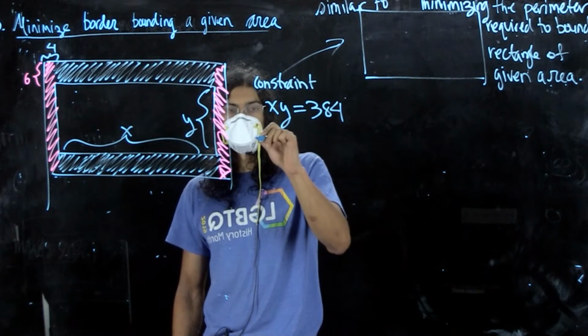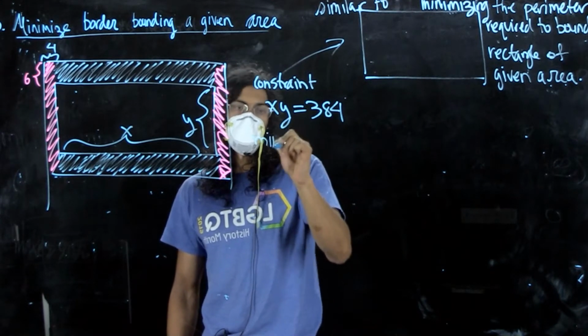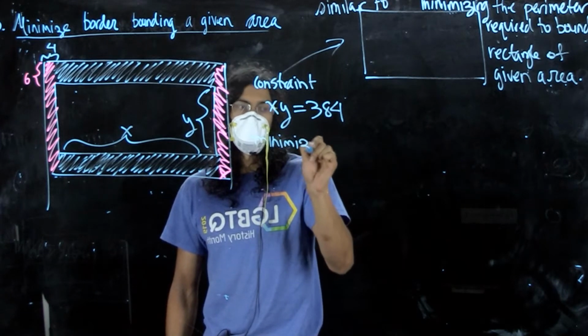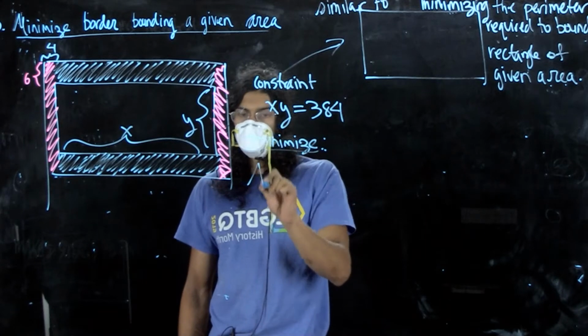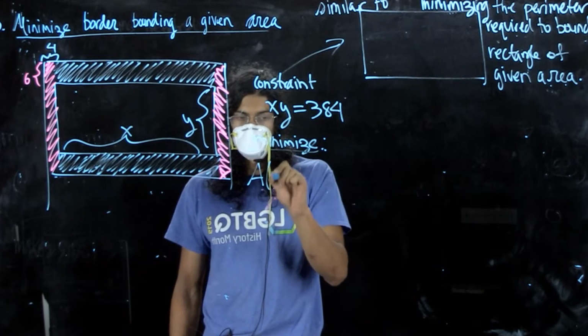And we want to minimize the amount of border needed. I'll call the border A for area of the margins.